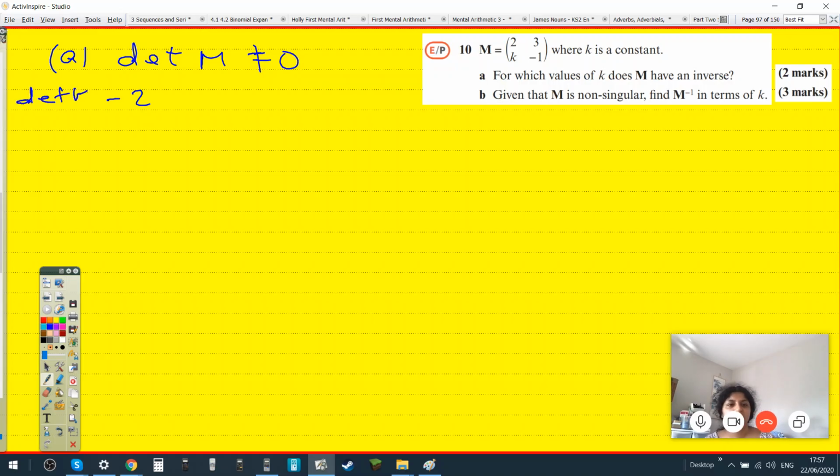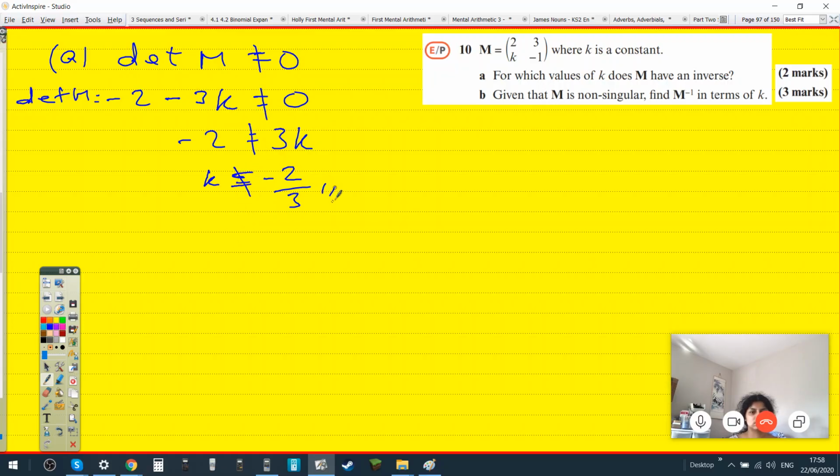Minus 3k. Minus 2 minus 3k equal to 0, and then it's everything else. So minus 2 is equal to 3k, and then k is equal to minus 2/3. So k is not equal to minus 2/3.